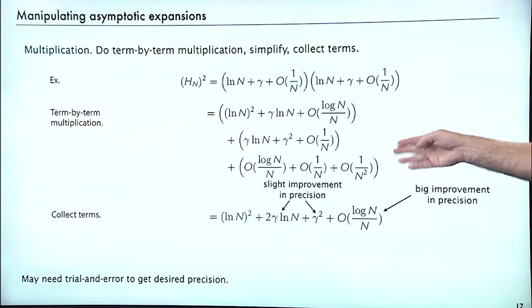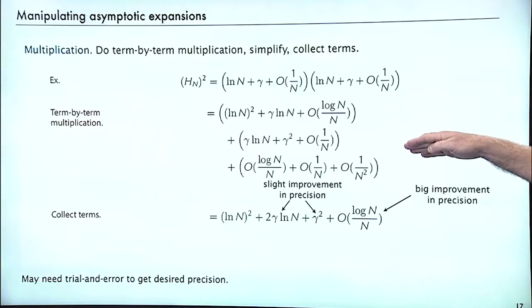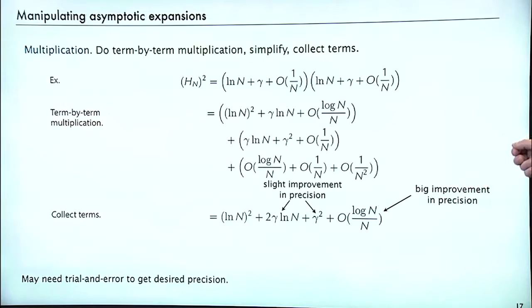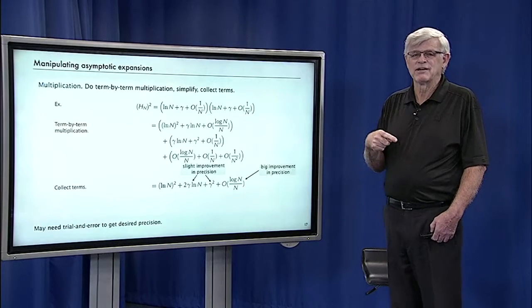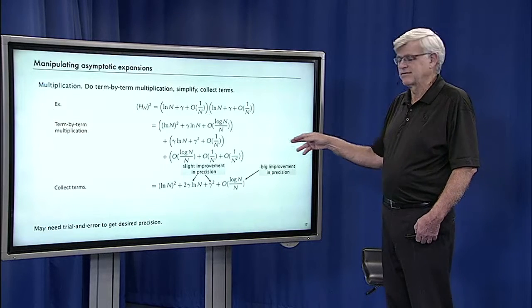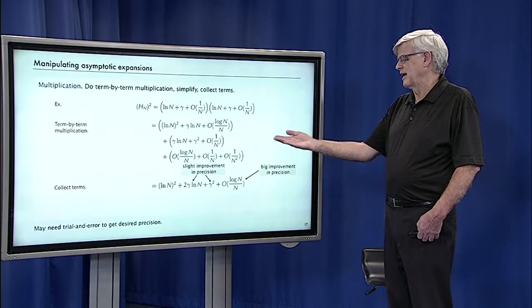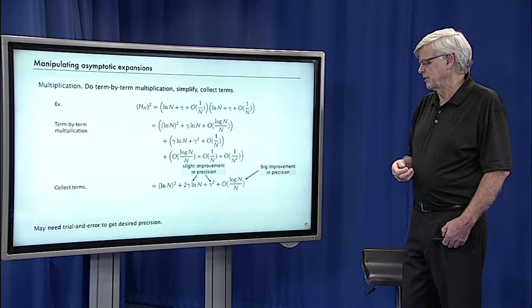And then gamma squared is a constant, but log n is a small integer. It's only a slight improvement in precision to carry on those terms, and so we're probably going to want those terms. But when we get it divided by n, that's when we have a huge improvement in precision. Now, you can't always tell ahead of time how far you have to go to get this big improvement, but in real problems, it usually happens after 3 or 4 terms, and that's what happened here.